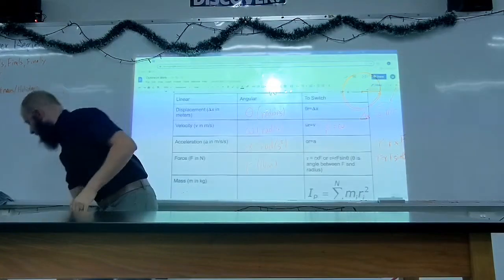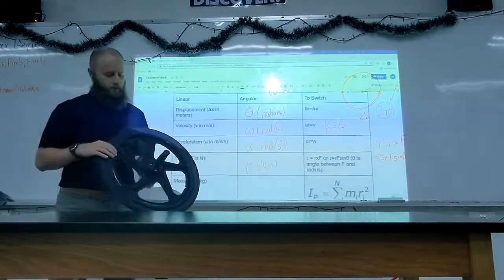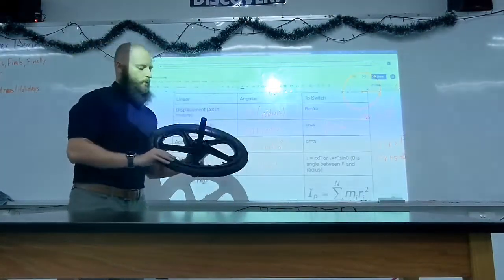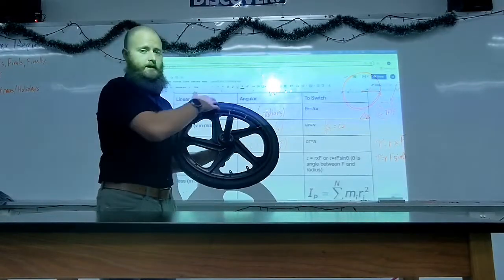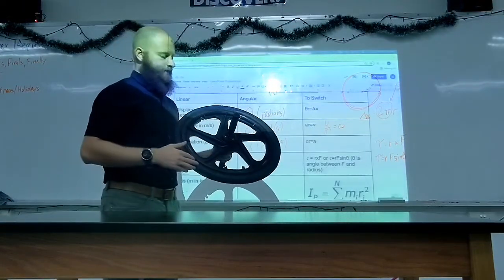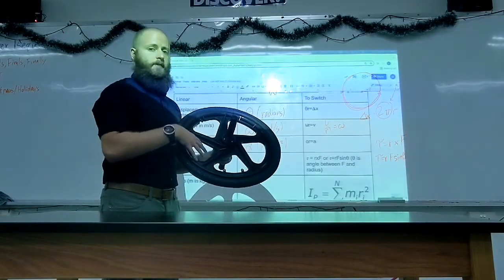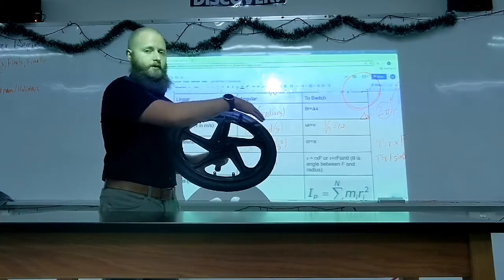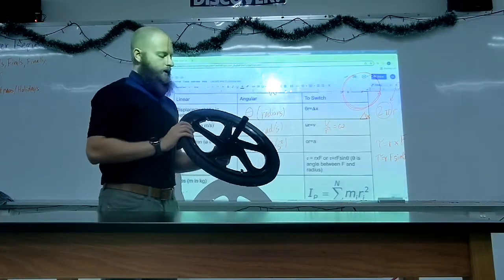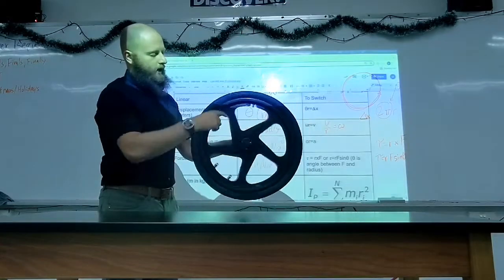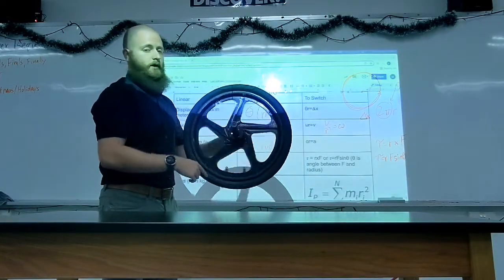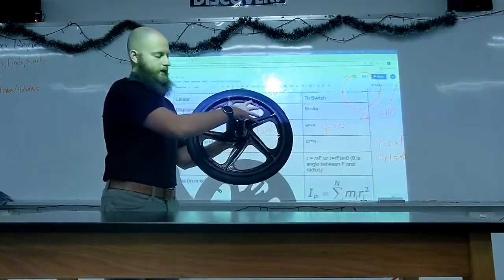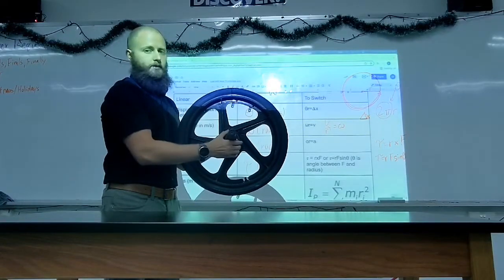So maybe you figured this out, maybe you haven't. But where the mass is ends up being very important. It's not just about how much mass you have, it's also about the shape and where that mass is. So for example, in this, I have more mass distributed farther away, and less mass right in this middle section.